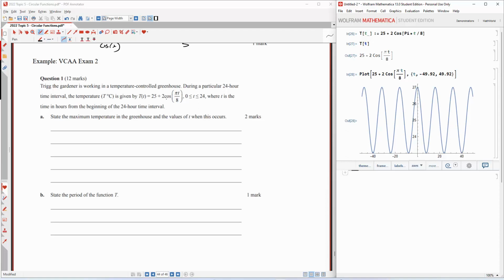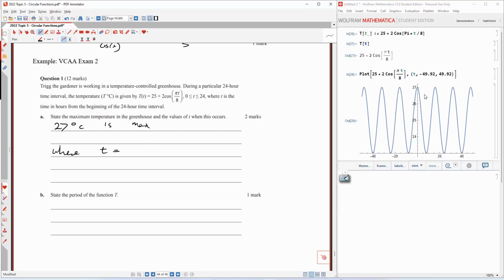Alright, so let's state the maximum temperature in the greenhouse and the values of t when this occurs. So we can see that the maximum temperature is going to be the amplitude plus the vertical translation. So it's going to be 27 degrees Celsius is the max when t is equal to.